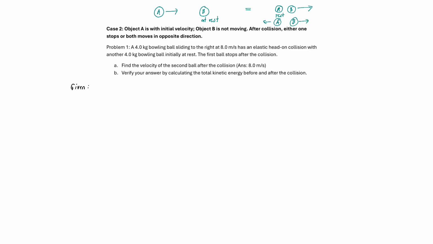The given for mass 1 is 4 kilograms with an initial velocity of 8 meters per second. Next, our mass 2 is again 4 kilograms with an initial velocity of 0 meters per second.